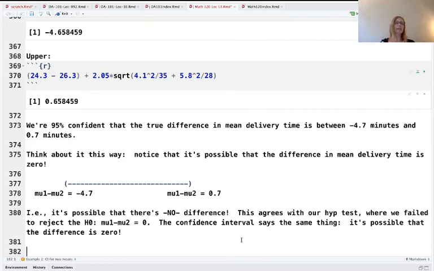And it's not just an accident here that we got the same conclusion. It's always the case that confidence intervals and hypothesis tests give you the same conclusion about a population. They just do it in two different ways.